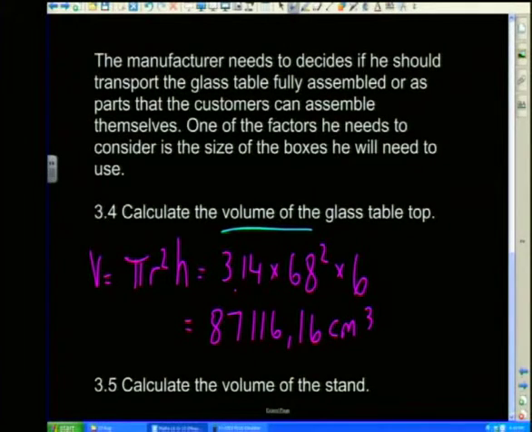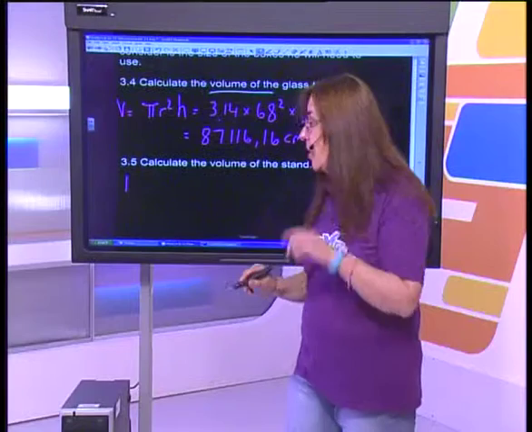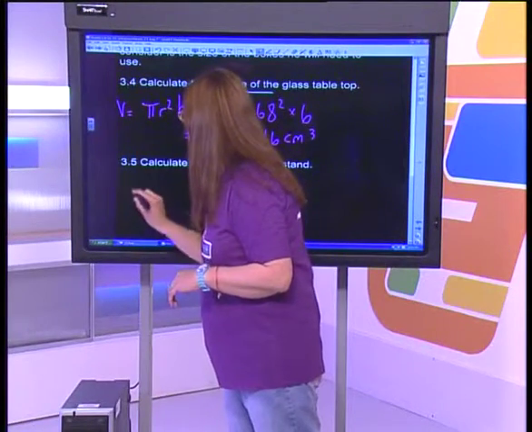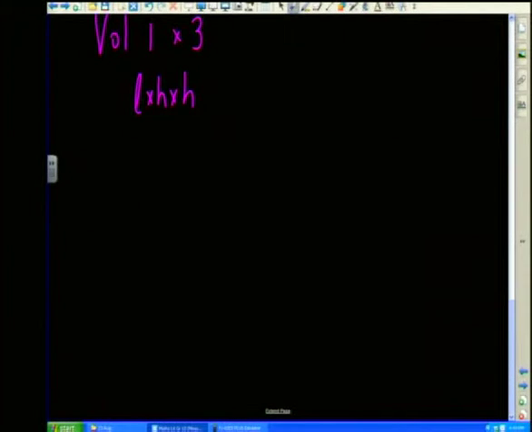We've got to calculate the volume of the stand. Remember we've got 3 parts of the stand, so we're going to calculate the volume of 1, and then times it by 3. Our volume was length times breadth times height. Our length in this case was 165, our height we said was 55, and again, our thickness was 6.